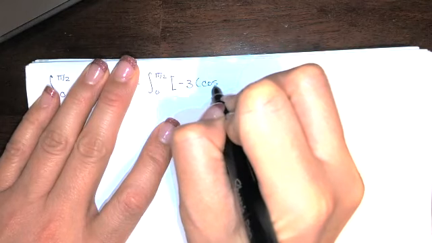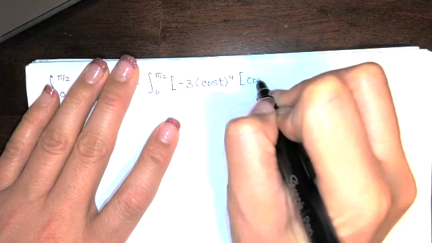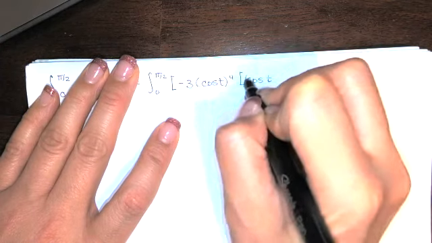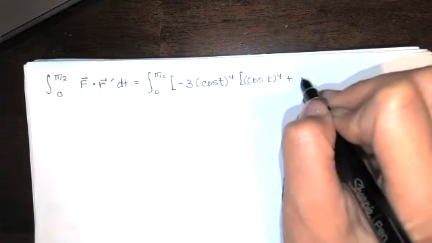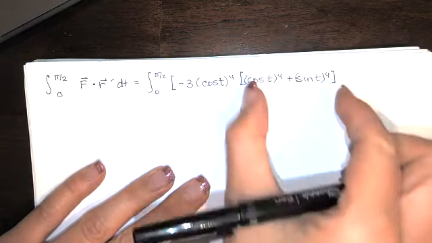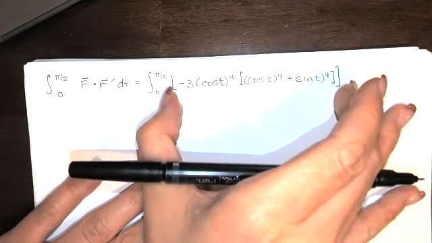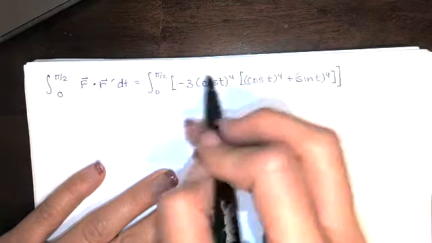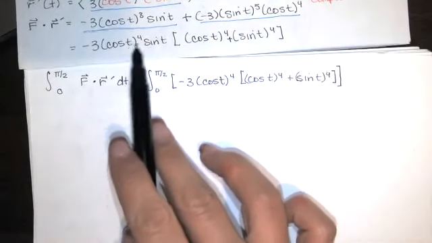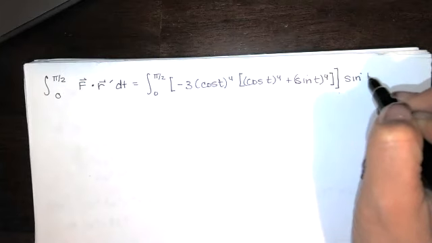So I've got -3 cosine of t to the 4th, and then I'm grouping cosine of t to the 4th plus sine of t to the 4th. So that quantity is multiplied by that quantity, and all of those are multiplied together. And then all of that is multiplied by that one sine of t that I haven't accounted for, and of course, that's times dt.